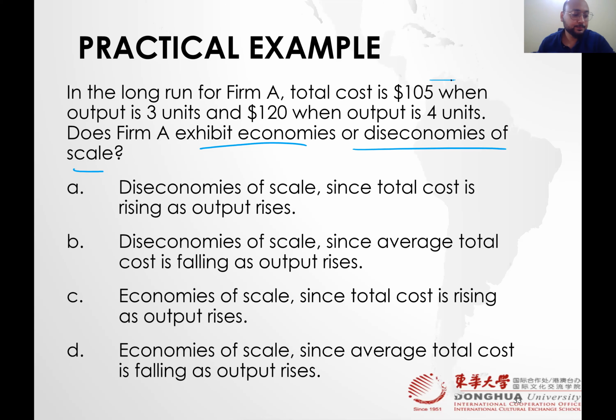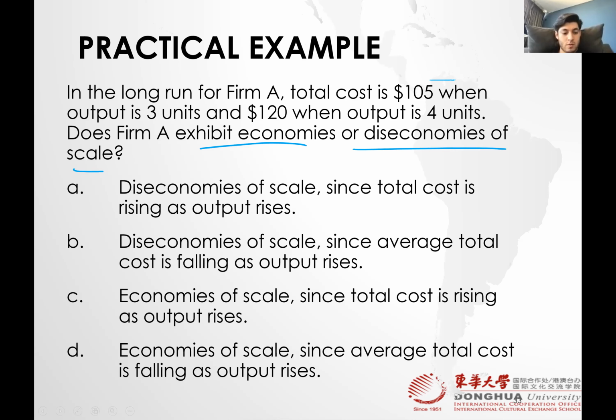For me, is this economies of scale, since the total cost is rising and our output is at the same rise. Okay, Gustavo? Me too, I will say A. Diseconomies of scale, right? Yes. Why? Because the output increases as the units increase, as we produce more.